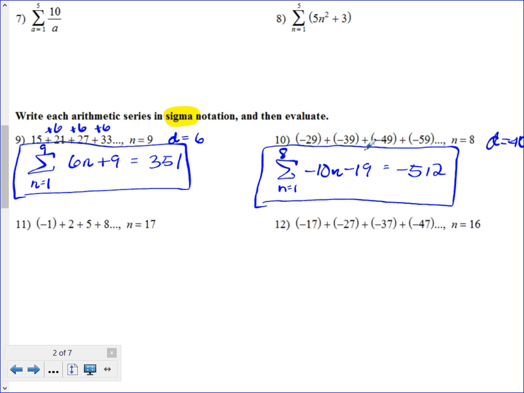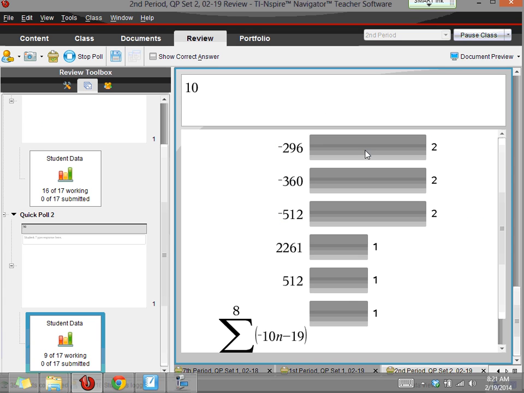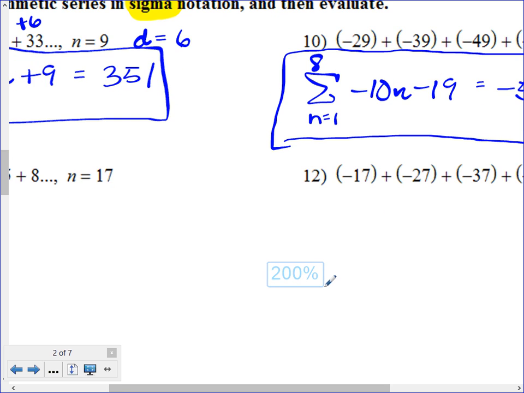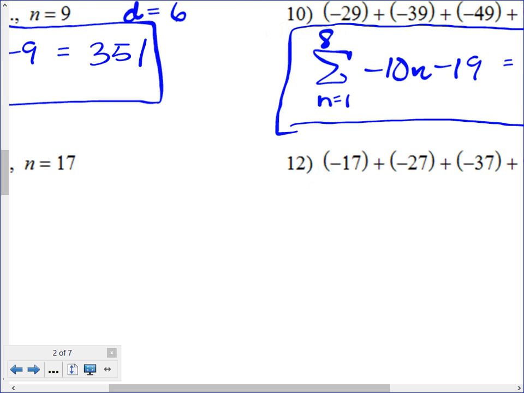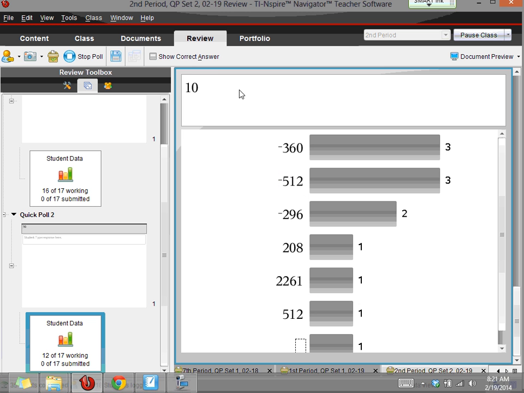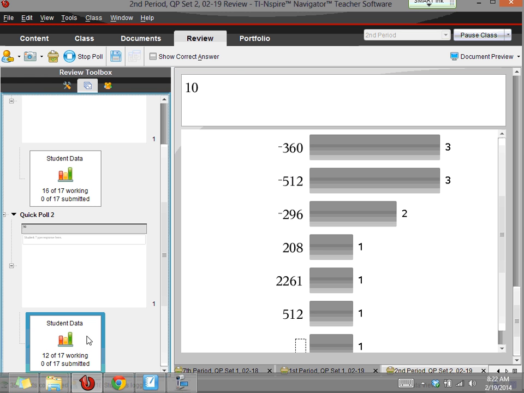Should the answer be a decimal? For number 10, leave it as a fraction. All right, here's what y'all said. All kinds of crazy answers.